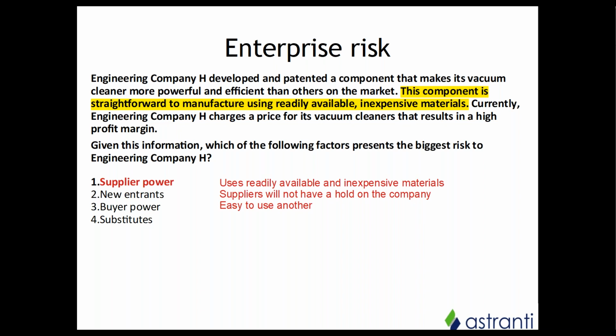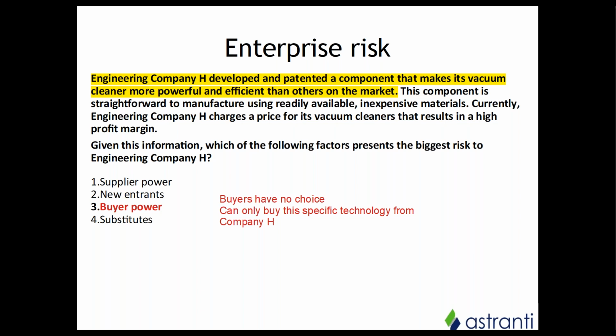So readily available, inexpensive materials means that it's not likely that one particular supplier is going to hold lots of power over us because it is an inexpensive material that is readily available on the market. So it should be easier for us to use another supplier. And therefore, supplier power is not the biggest risk factor.